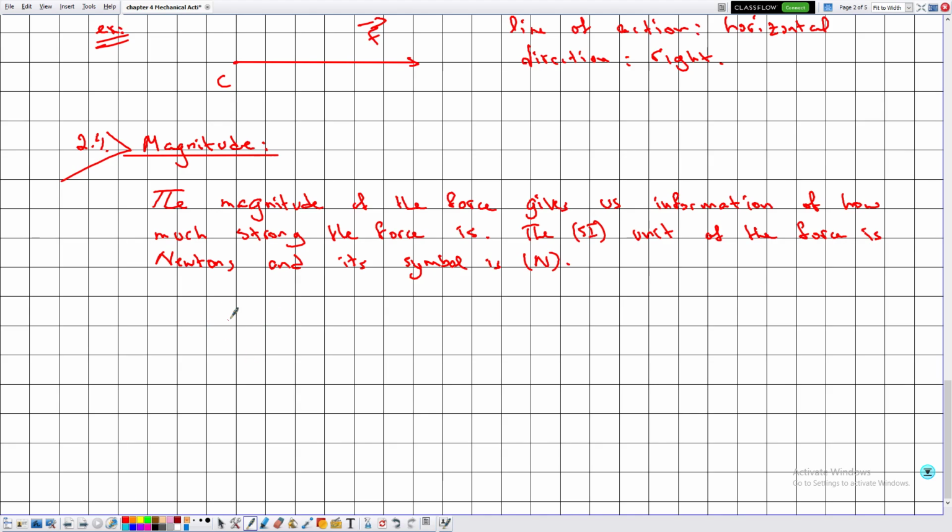And let me say the magnitude of the force is measured using a spring balance, which is given by the dynamometer, or they say dynamometer, it's the same.